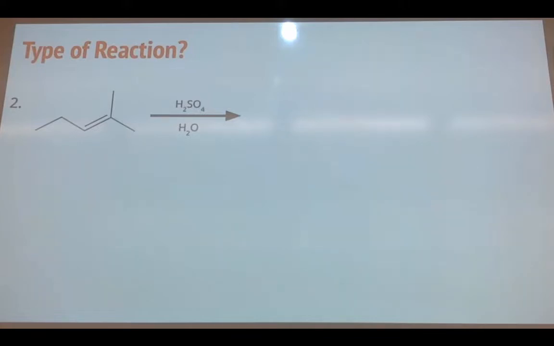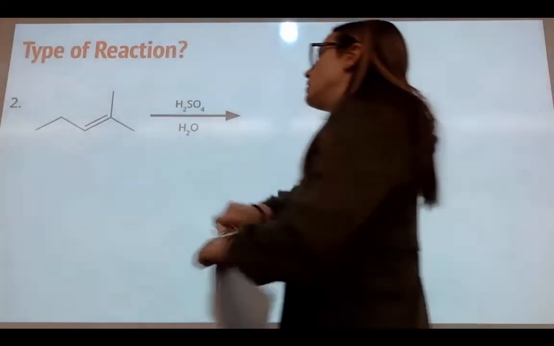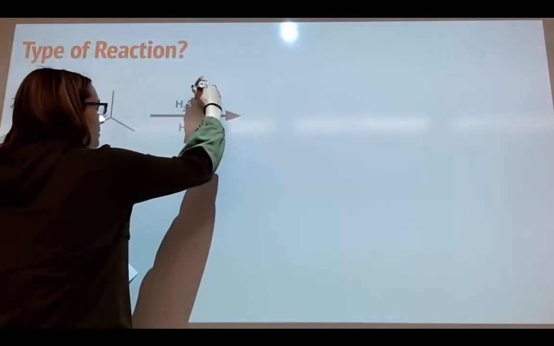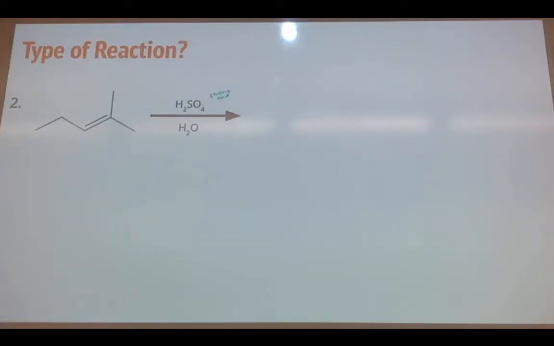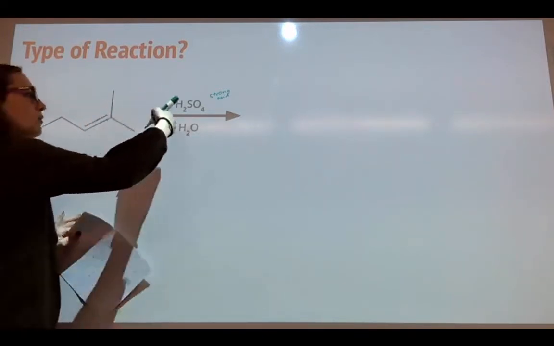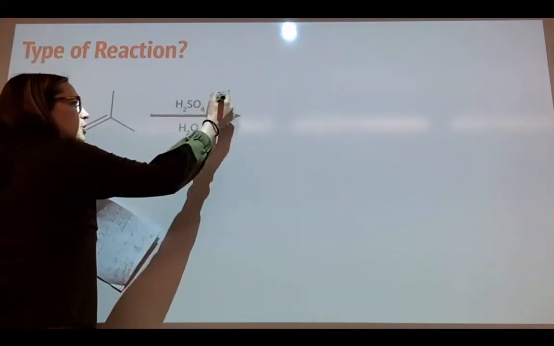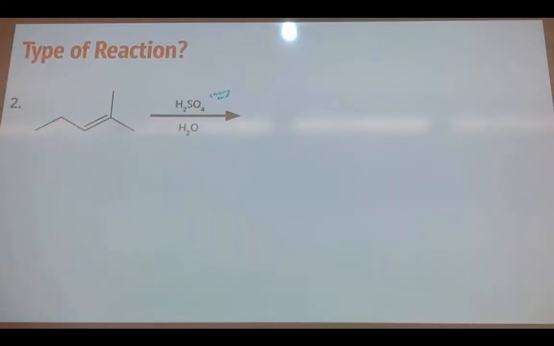But then when you look at your arrow, you have H2SO4 and H2O. So H2SO4, sulfuric acid, so strong acid, and then water. So over the arrow we have a strong acid, under the arrow we have H2O. Now I do want to just make a note for this reaction. This could be any strong acid that does not include a halogen.